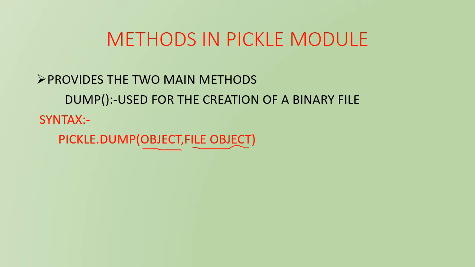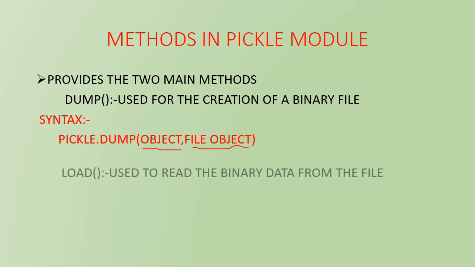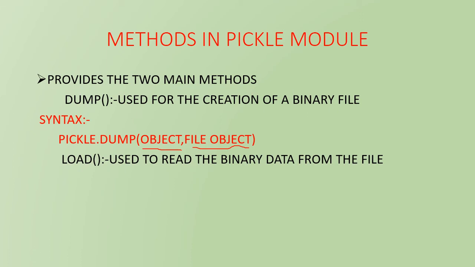We are using f equal to, that is the file object. And here the object can be a list or a dictionary or anything else. Next, another method is the load method, which is used to read the binary data from the file, and the syntax for it is pickle.load(file object).